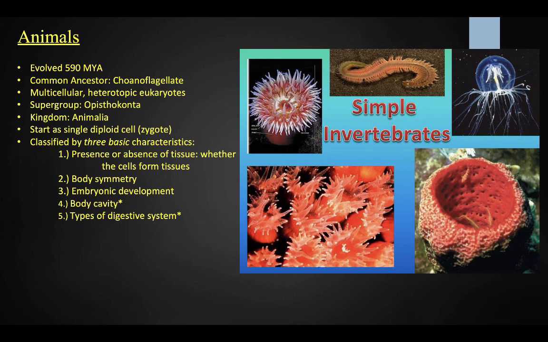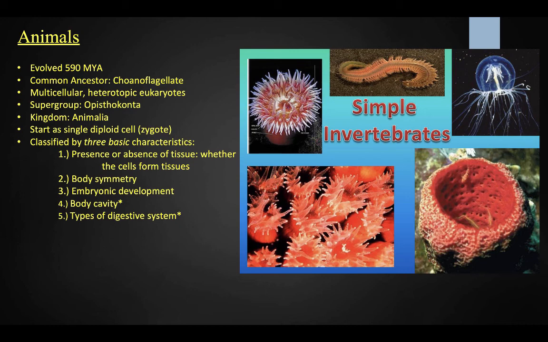Or it can be what's known as a gastrovascular cavity, or a sac gut, where the digestive system only has 1 opening, and both food and waste get taken in or removed from that 1 opening. If you noticed in the PowerPoint, there are 2 asterisks, and those are characteristics 4 and 5, which are not the 3 basic characteristics.